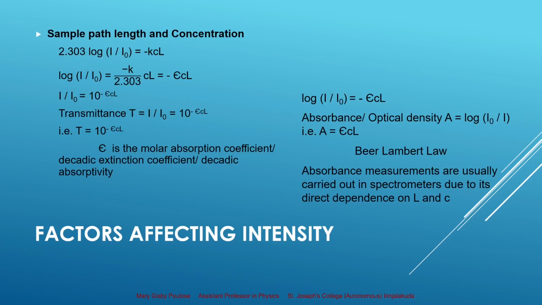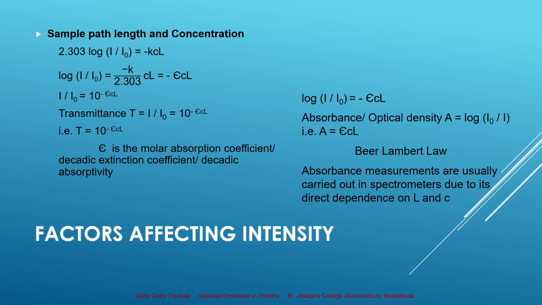Now, taking log on both sides, we can write 2.303 log of I by I naught is equal to minus KCL. That is log of I by I naught is equal to minus K by 2.303 into CL. In other terms, it is equal to minus eta CL.